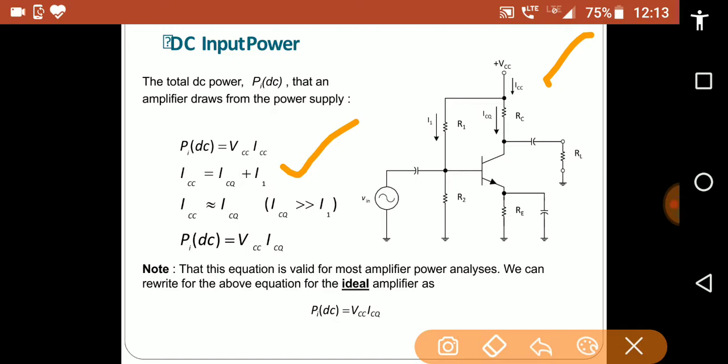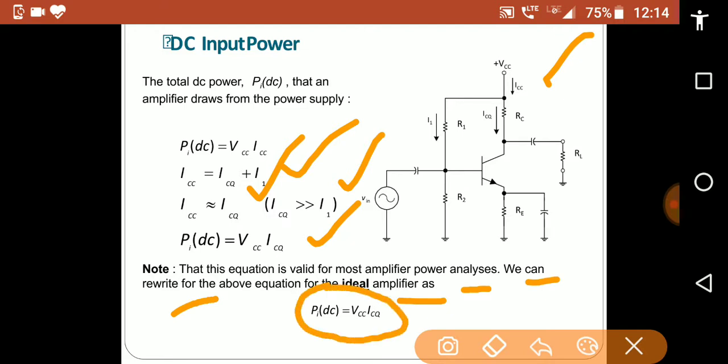ICQ is very much greater than I1, so ICC is equal to ICQ. So PIDC equal to VCC into ICQ. This equation is valid for most amplifier power analysis.